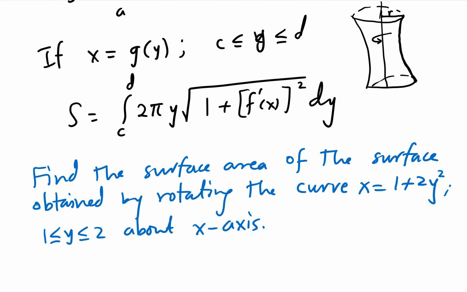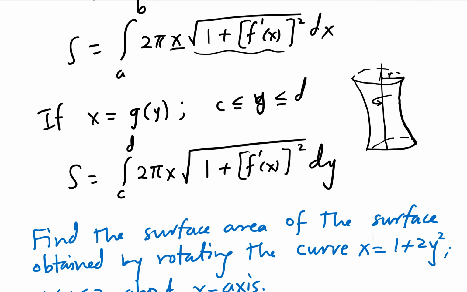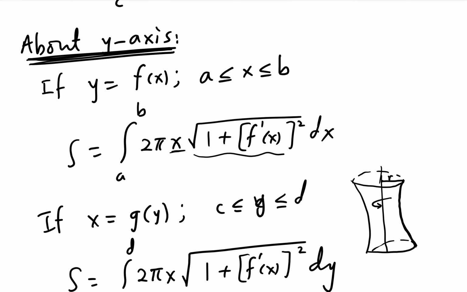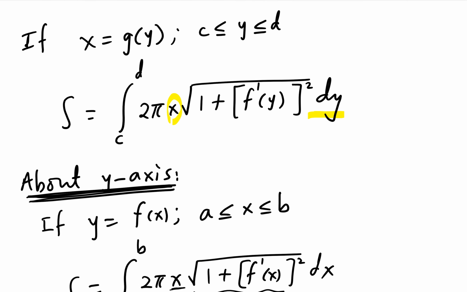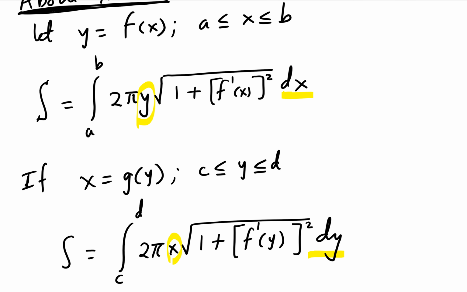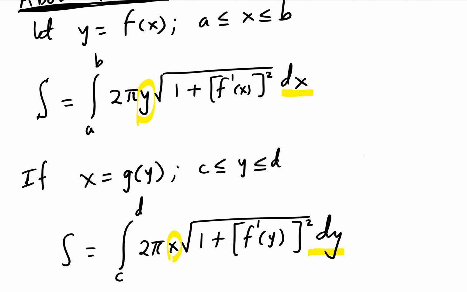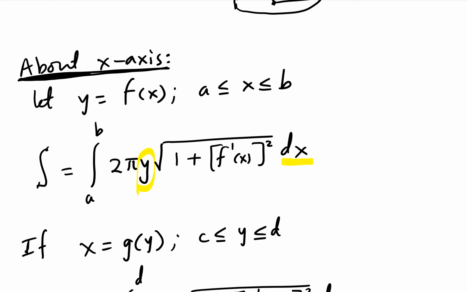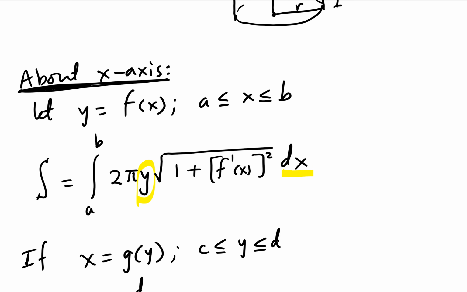Sorry, back to this one. This y should be x, right? Why? Because we're doing around the y-axis. R is x. If we go back to this... oh wait, no. What did I do here? So, okay, just so you're able to memorize it. When we do about the x-axis, what is R?